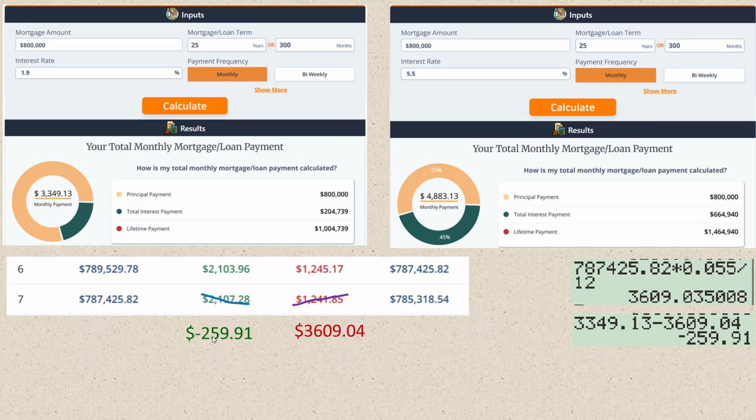Now this is a good example of subtracting a negative integer. So if we take the amount of money that you owed at the end of last month and subtract the negative 259.91, okay, 787. Now notice that the amount is bigger, okay, because subtracting a negative is the same as adding. Because the interest is higher than how much you're paying each month, the principal isn't going down, it's going up.